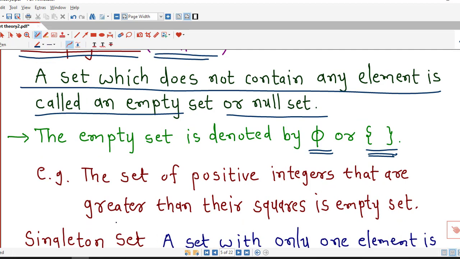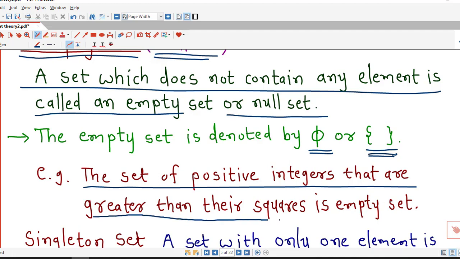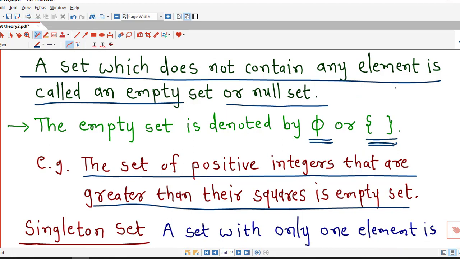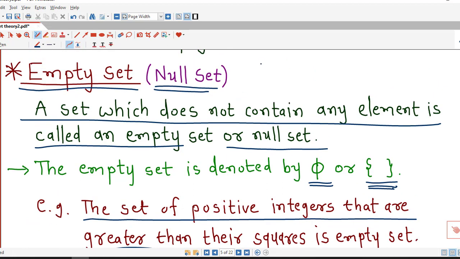Consider this set, the set of positive integers that are greater than their squares. That means we consider those natural numbers n such that n is greater than the square of n, where n is a positive integer.